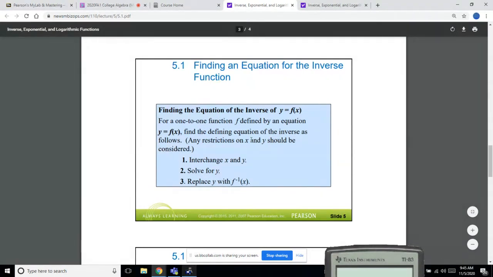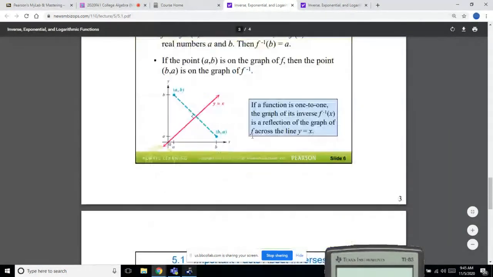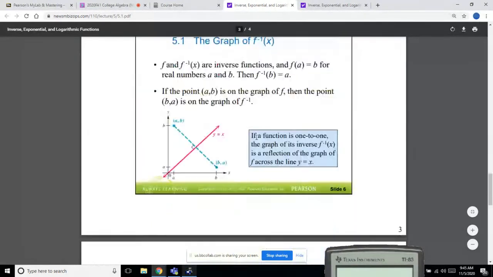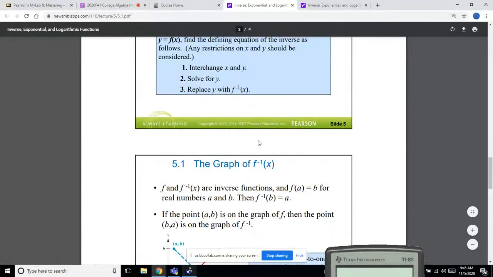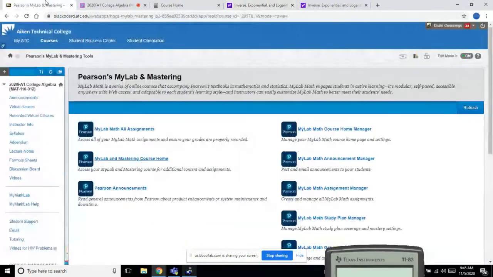I'm actually going to skip over this slide for a second. I'm going to go to the homework problems, and we'll take a look at a couple of homework problems.